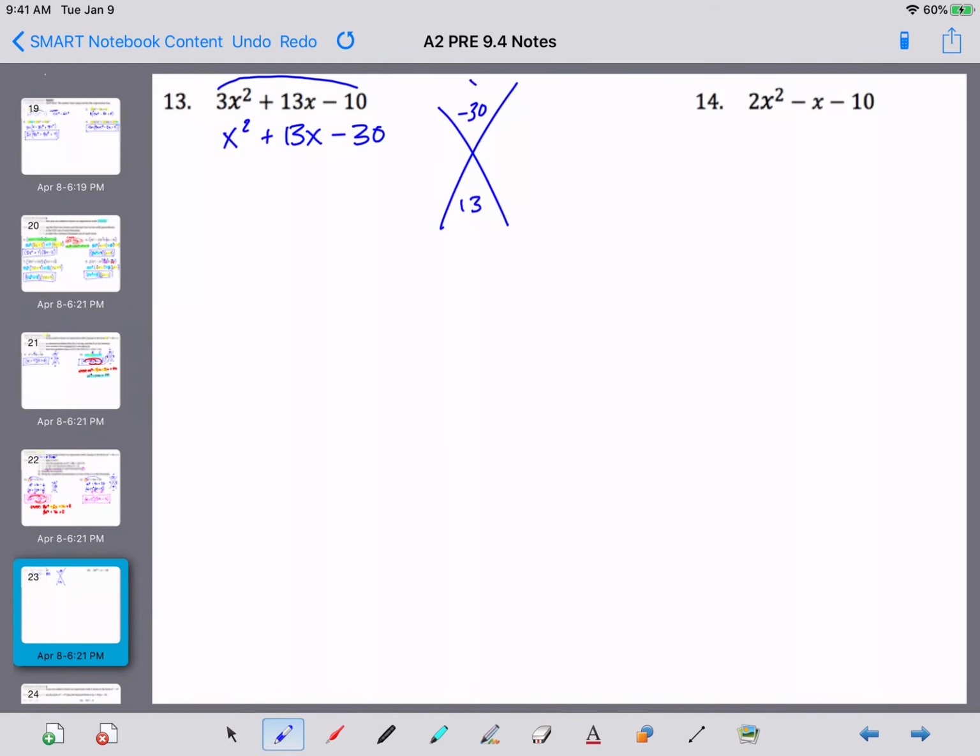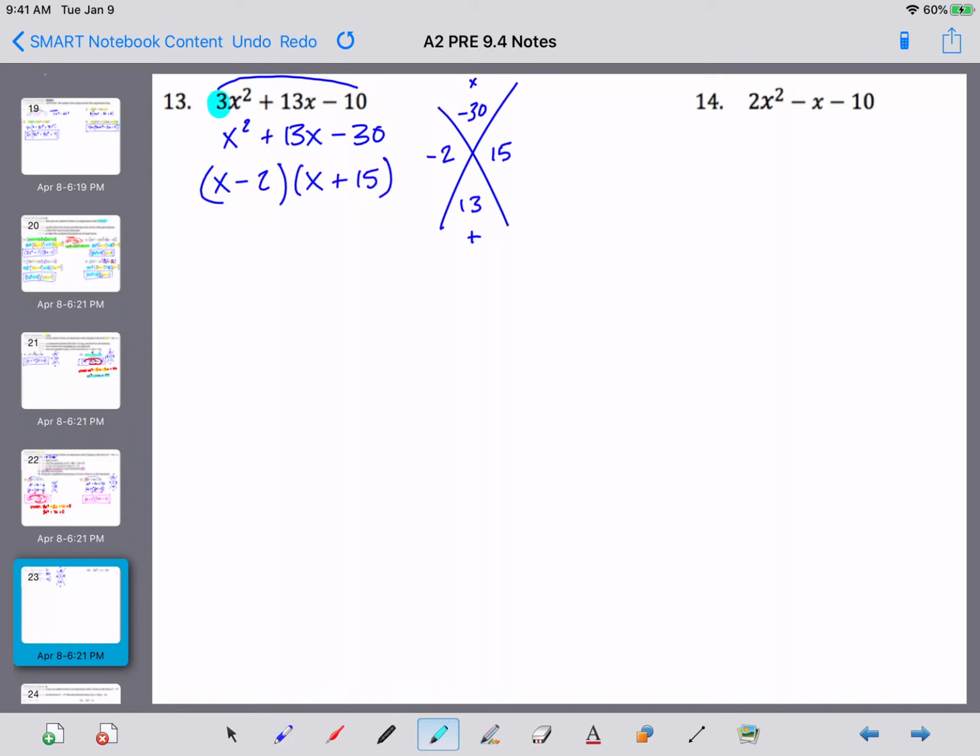We want to find two numbers that multiply to negative 30 and add up to 13. This one's a little bit tricky, but it turns out that negative 2 times 15 is negative 30, and negative 2 plus 15 is 13. So we've got x minus 2 times x plus 15.